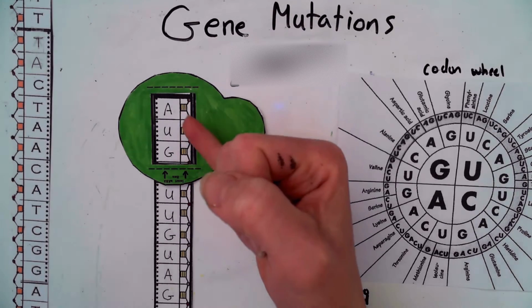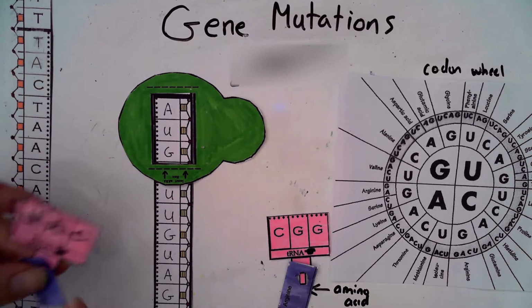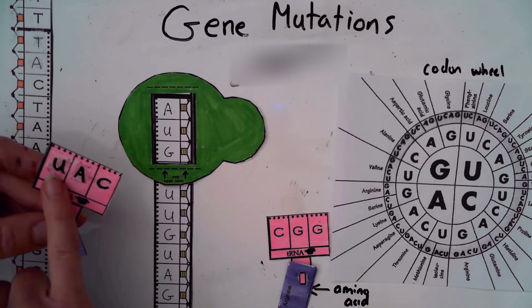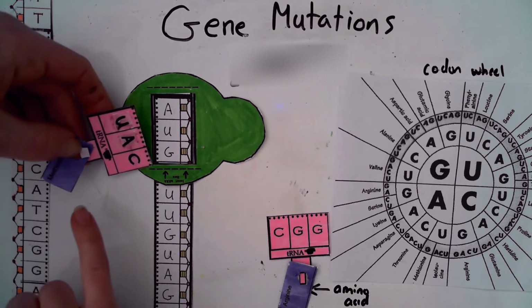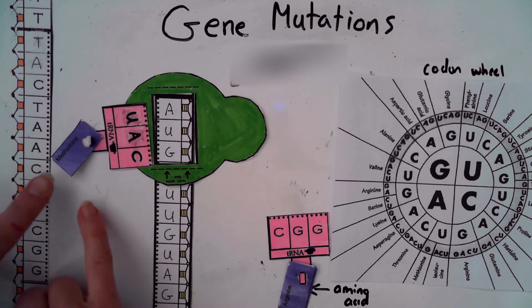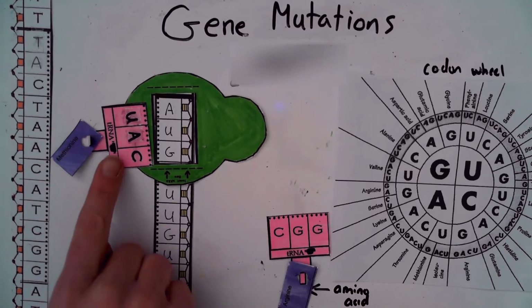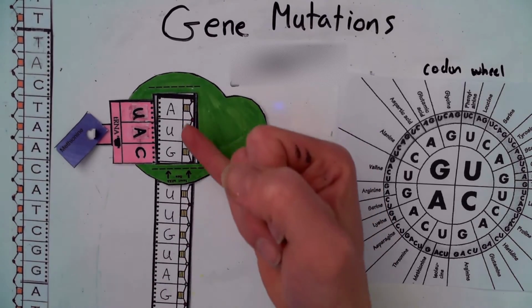This original mRNA reads AUG, which means this tRNA molecule with an anticodon AUC would match and drop off the amino acid methionine. Okay, so how can we use that information?